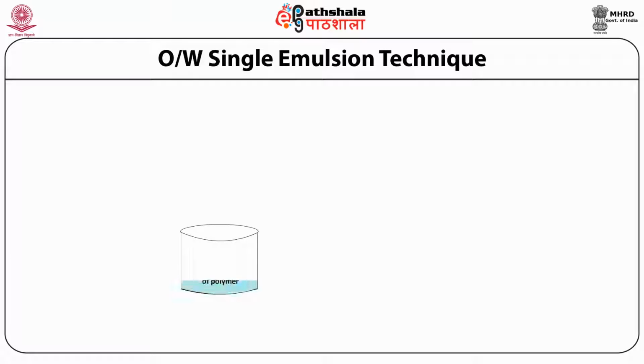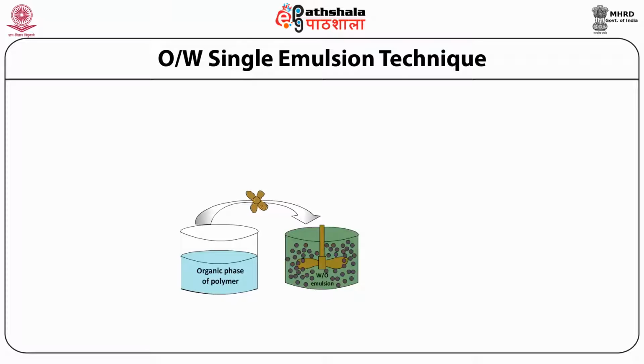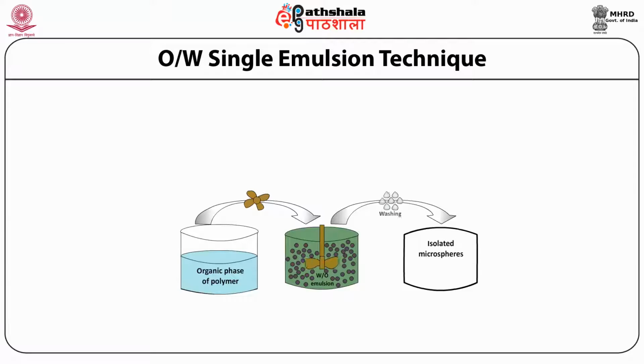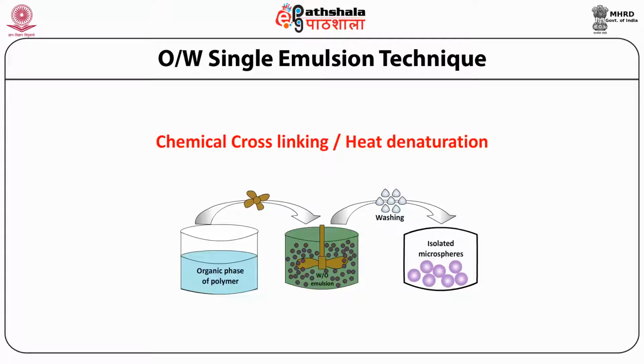Now in this animation you can see the process of the oil in water single emulsification technique. In this case you see the organic phase of the polymer, in which polymer is dissolved in an organic solvent, which can be acetonitrile, chloroform, or acetone, and then it is emulsified to form an oil in water emulsion by adding the polymer with drug in the solution form.